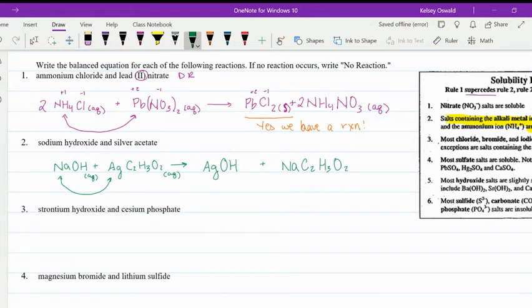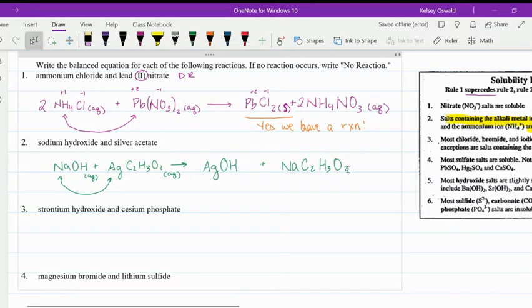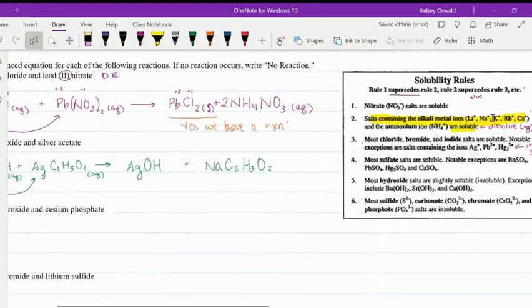So again, now we need to look at the solubility rules to determine which one, if either of these products, is going to be insoluble and form the solid. So we just said any compound containing sodium is going to be soluble. And that means it's going to dissolve in water and become an aqueous solution. So now we need to look at our AgOH.